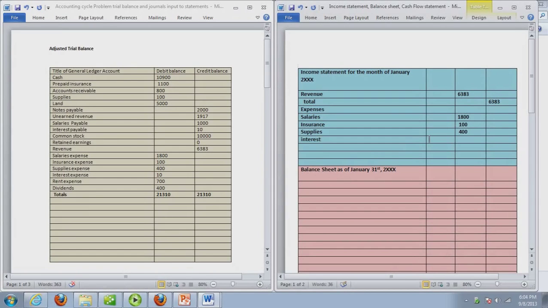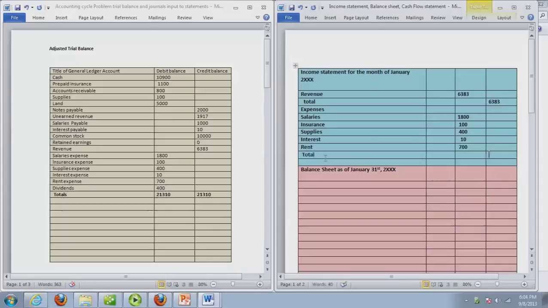And then interest. At this point, the order doesn't matter. Later, we'll look at the formatting. And then finally, rent. Dividends, though it feels like it maybe should go on the statement, does not. Rewarding the owners is not about the day-to-day running of the business. So we leave that off.